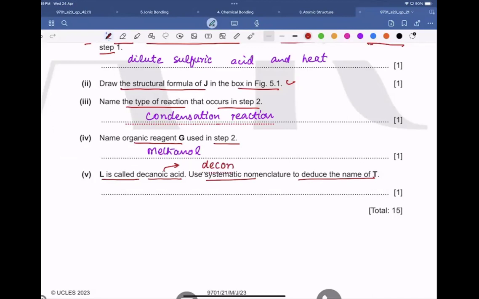So it's decanoic acid, which means the last part of the ester would be decanoate. And the alcohol has one carbon. It's methanol, so the alcohol part then becomes alkyl. So the systematic name of the ester would be methyl decanoate. Yes, very good, Bunny. Is this clear to all of you?